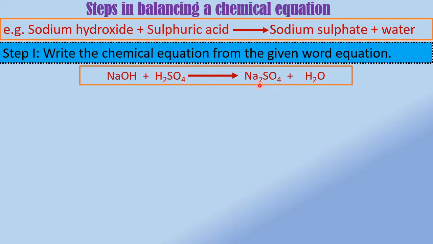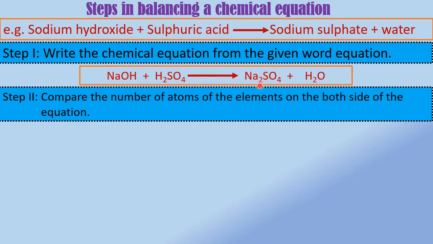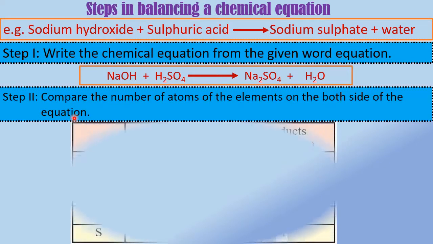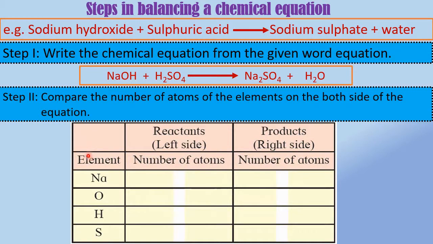Now next step is to compare the number of atoms of the elements on the both sides of the equation. So first, let us list down the various elements involved in the given chemical equation. So here we have sodium, oxygen, hydrogen and sulfur. These are the elements involved in the given chemical reaction.